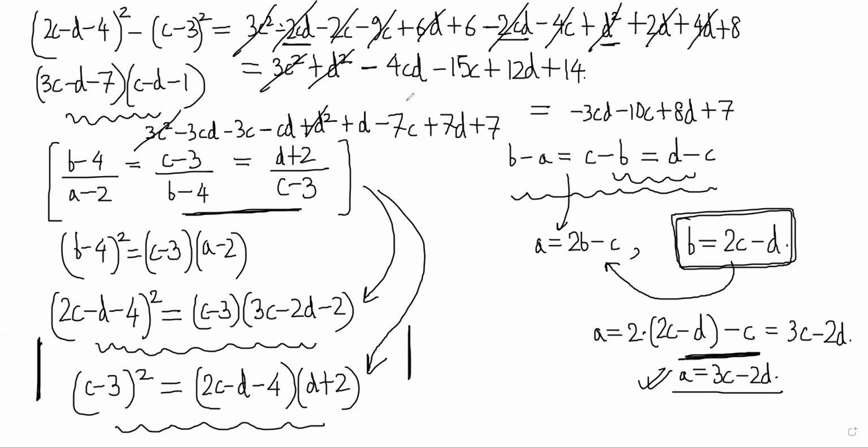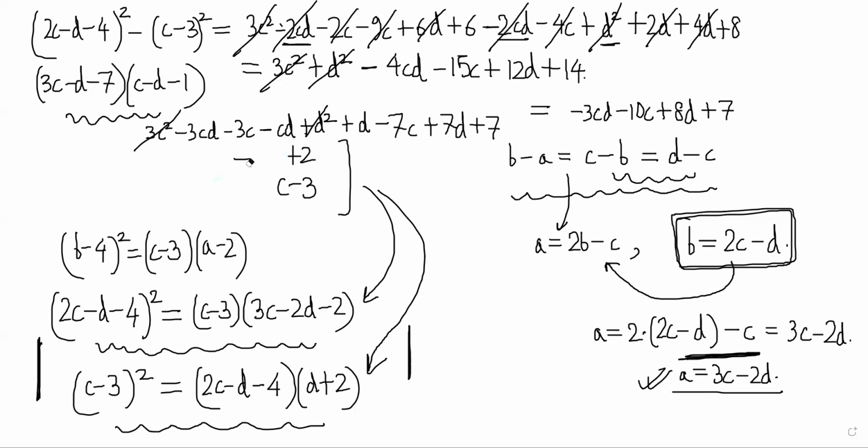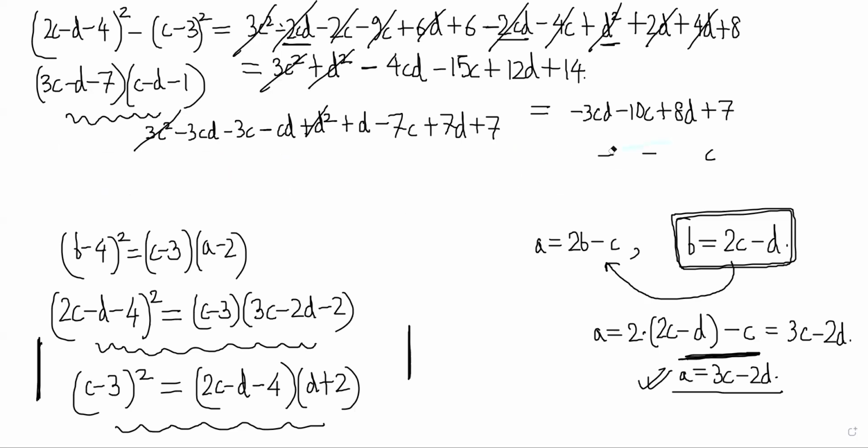Basically, I want to solve for C in terms of D. That's what I'm trying to do. So solving for C in terms of D. Now let's see what is coming from here. If you bring all of these terms to this side, what will I get?